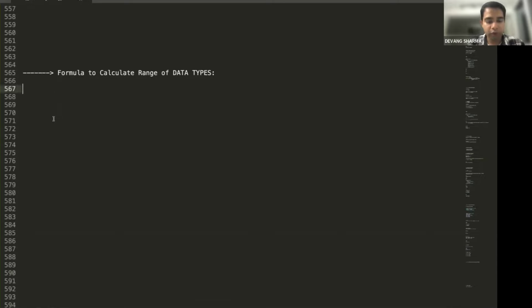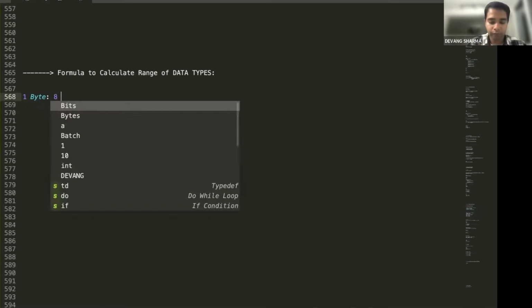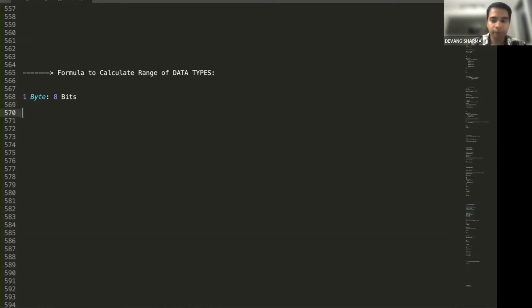We are just going to use simple maths here, and that's how I'll calculate the answer. How many bits are there in 1 byte? 8 bits. Okay. 1 bit is just 0 or 1.